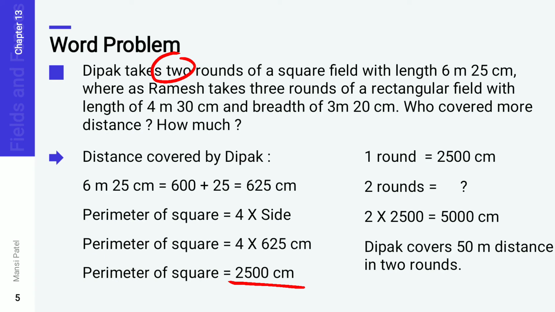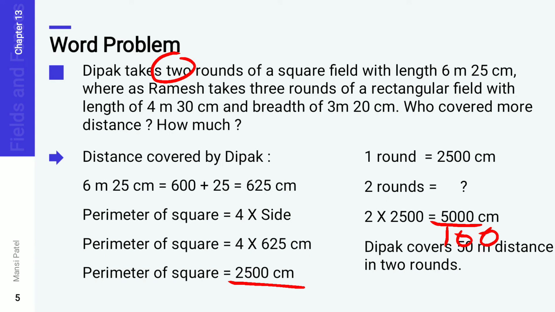So we can say that Deepak covers 50 meter distance in 2 rounds. Now the question is how this 50 meter answer is coming. We are just converting this centimeter into meter. Whenever you have to convert centimeter into meter, you have to divide that number by 100.